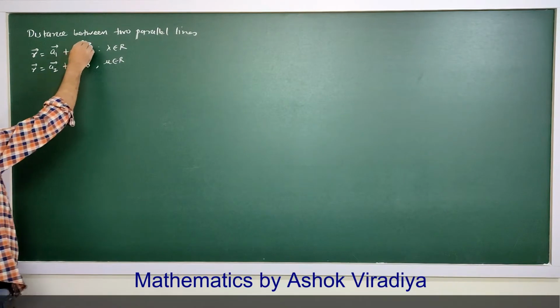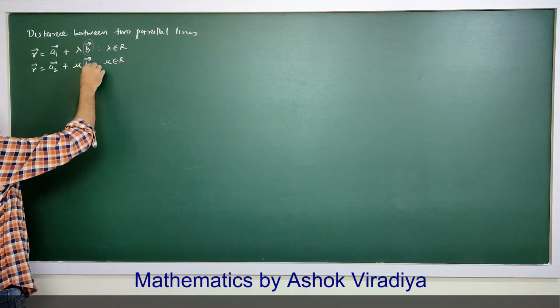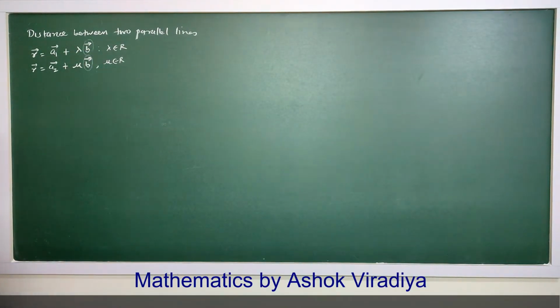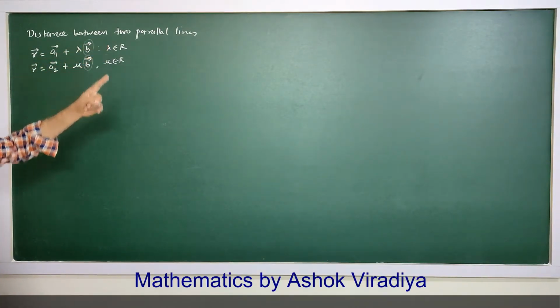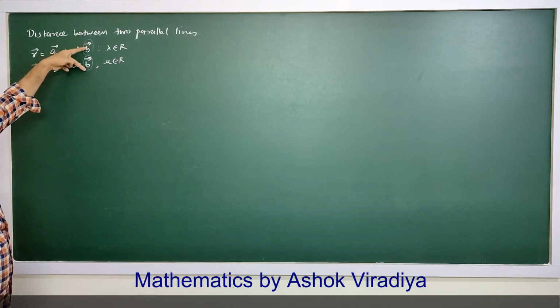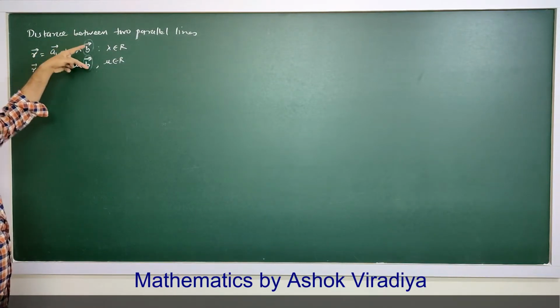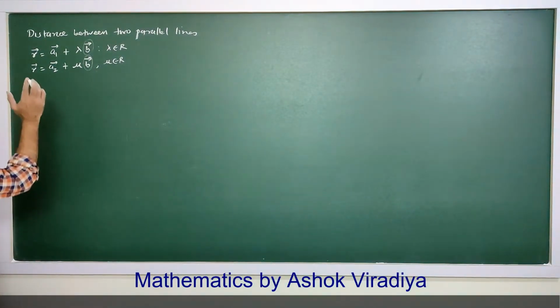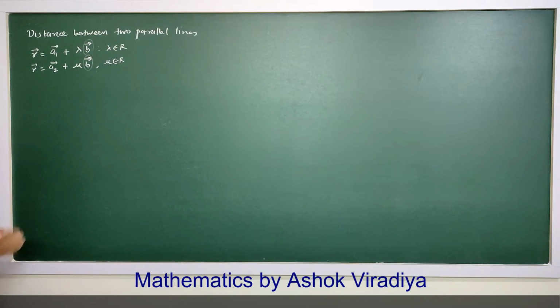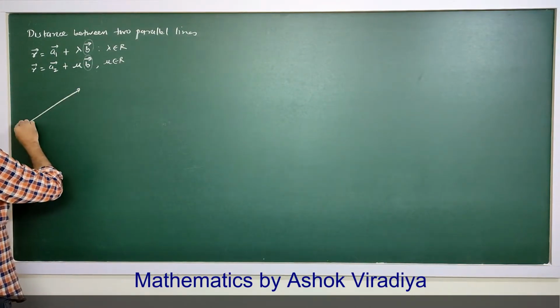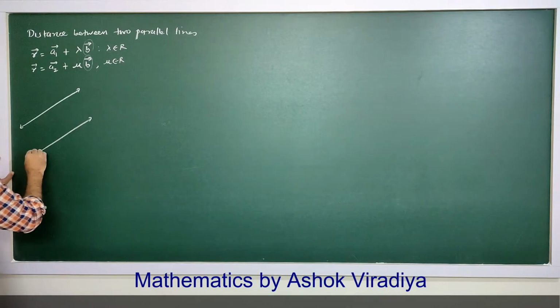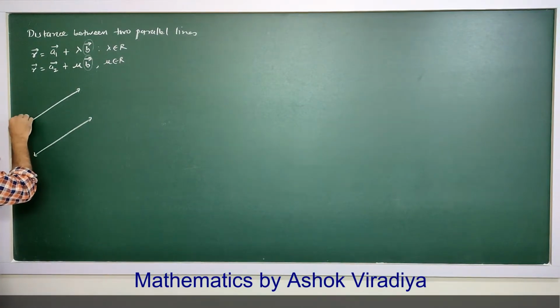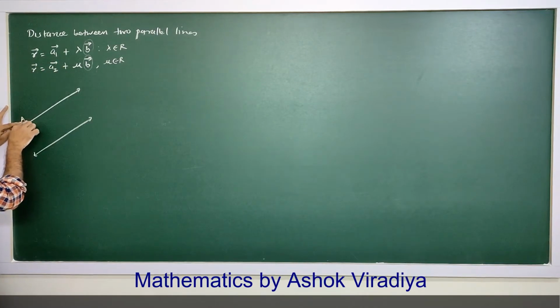Here I am taking the direction of both lines the same. Both lines are in the direction of vector B, because they are parallel lines. So this vector must have the same direction. Here this is the first line, this is the second line. The first line has a point A1 whose position vector is vector A1.